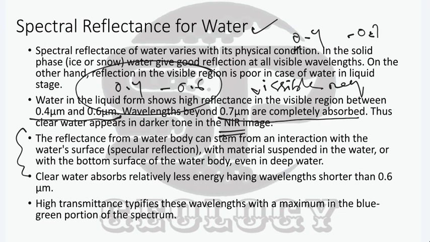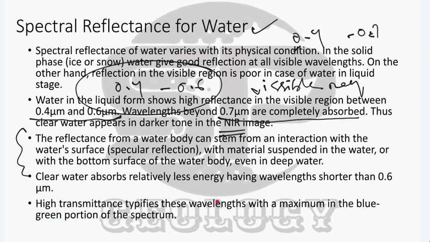So if there are some suspended particles, they will reflect it back. So if there are suspended particles, the water reflectance will be more than that of pure water. Similarly, will shallow water or deep water look darker? Deep water, because it will absorb all the electromagnetic energy. Shallow water will reflect some back.